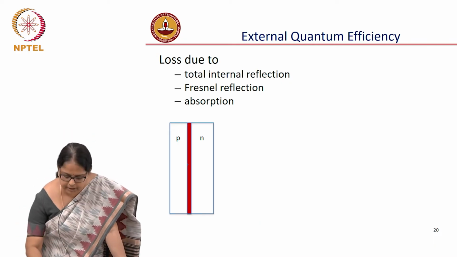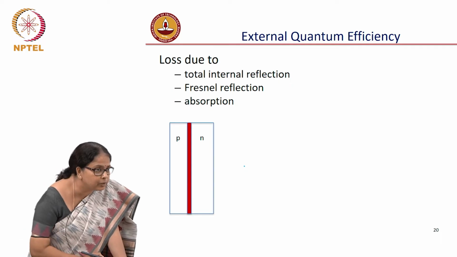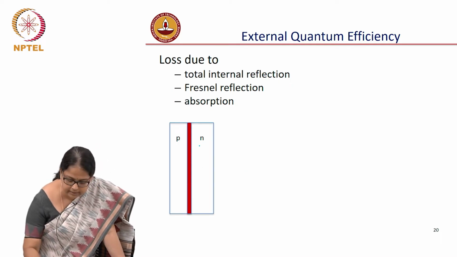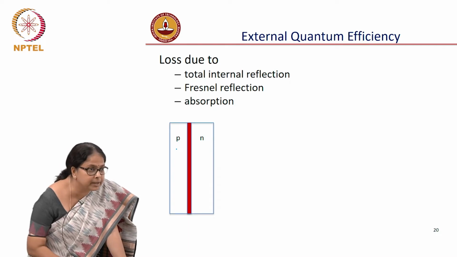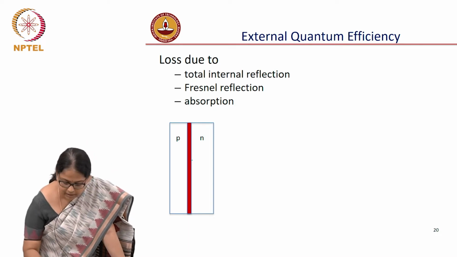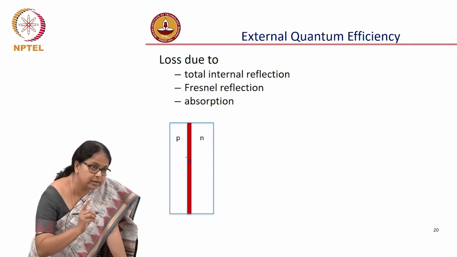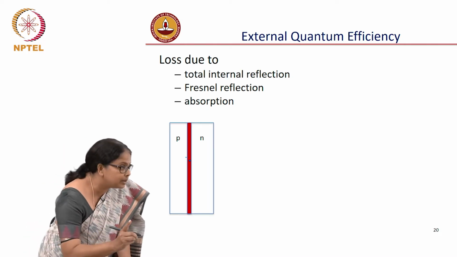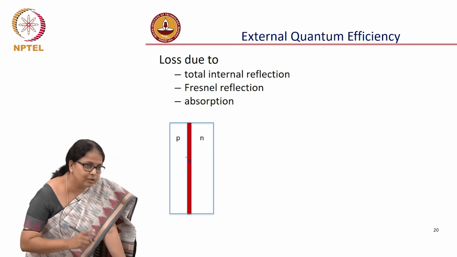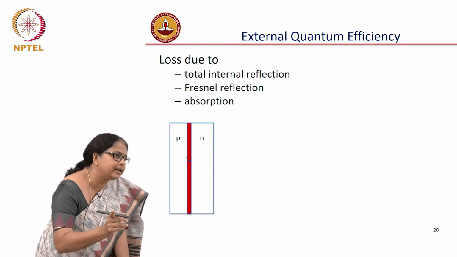Let us say the emission is happening, and I have just marked it as a surface emitting structure right now. Assume that this P region or this N region is transparent and light can come out of this structure. I am using photon and light ray interchangeably here, so the direction of movement of the photon is marked as the direction of the ray of light.